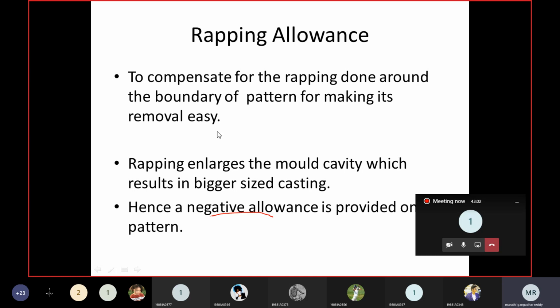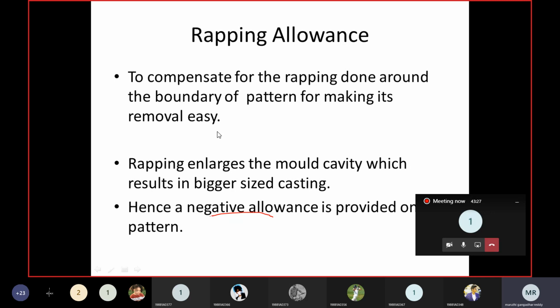So why I played a video in the last class is that you might have noted some points. During the removal of the pattern, he is simply tapping with the help of the wooden handle of the trowel around the pattern, and then he inserts the draw spike and carefully lifts the pattern. During that tapping and shaking, the mold cavity will become bigger.